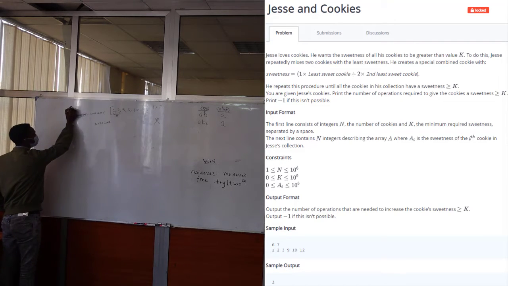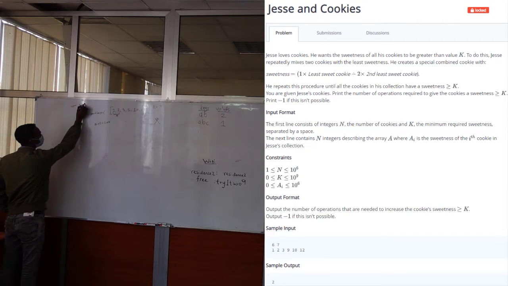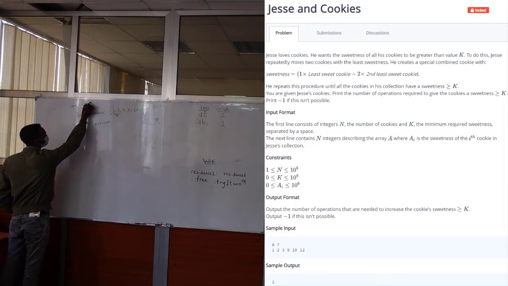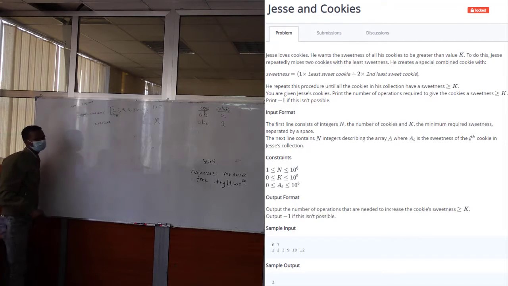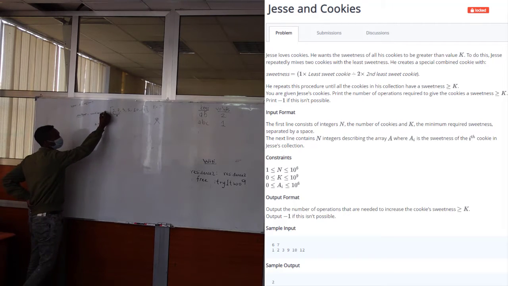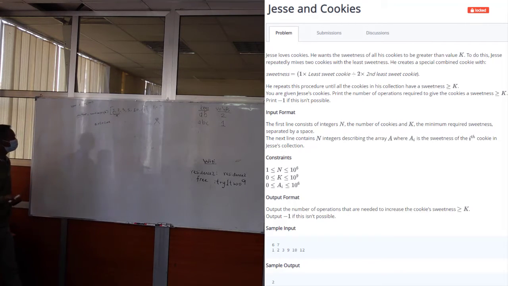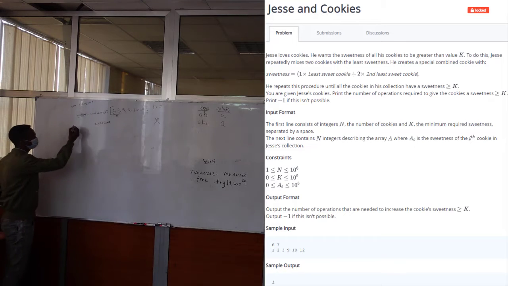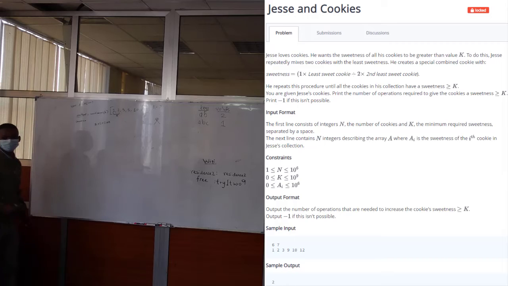Let's see, the input is A, which is a list of sweetness of the cookies. And we heapify A. And since we have to keep count of how many times we mix the least sweet cookies, we can have a count variable which starts from 0, because it could be already guaranteed to have that condition.